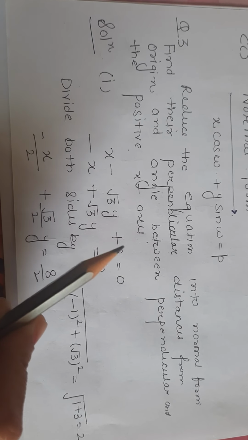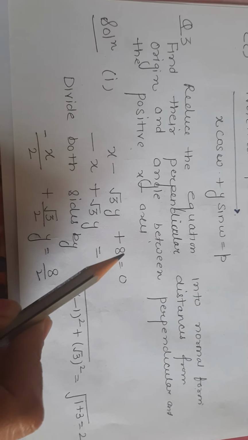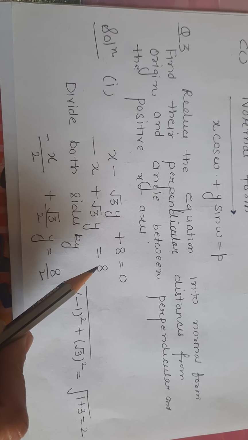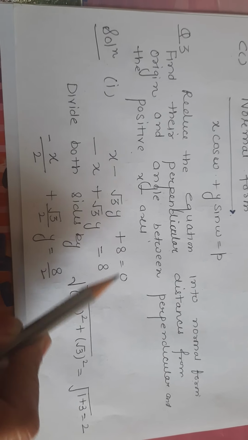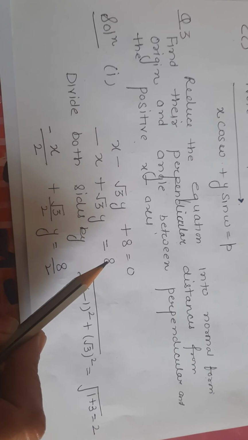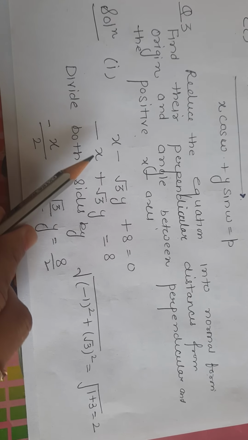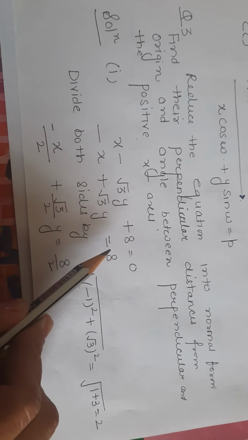Now, for reducing your equation to the normal form, the constant on the right hand side should be positive, because on the right hand side we are going to have p, that is distance. It is always positive. So your equation is minus x plus root 3y equal to 8.